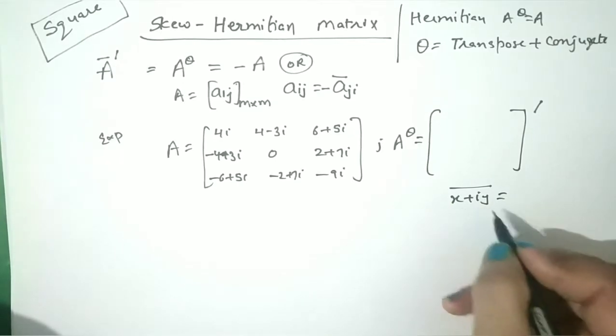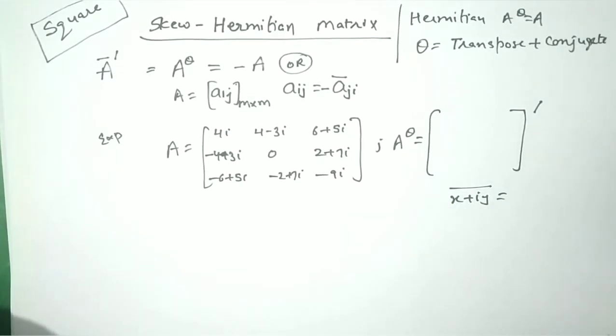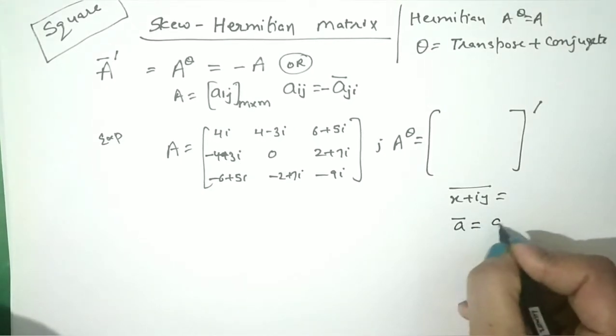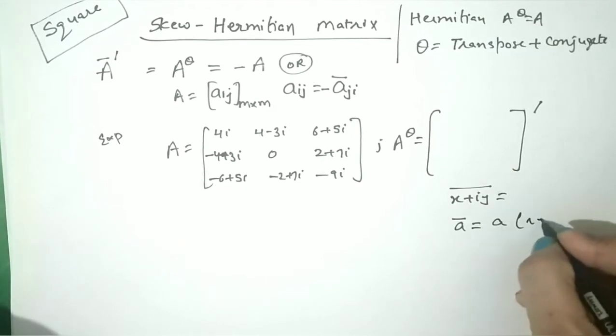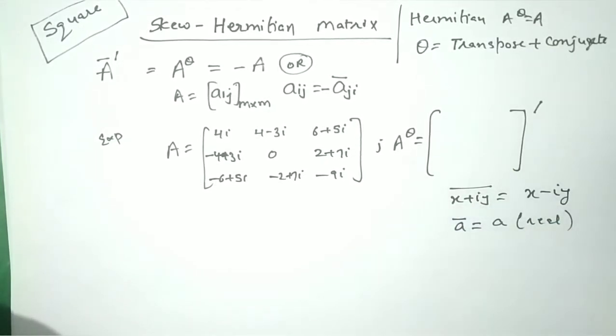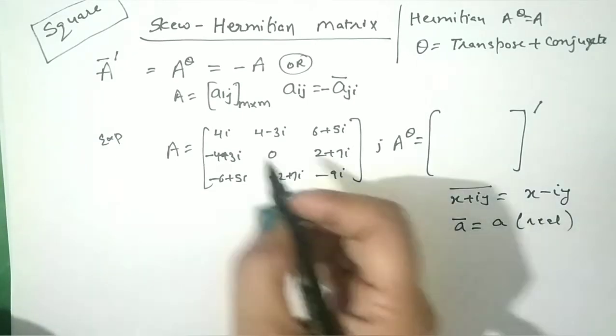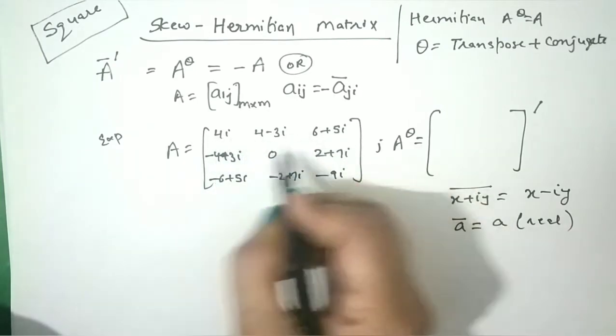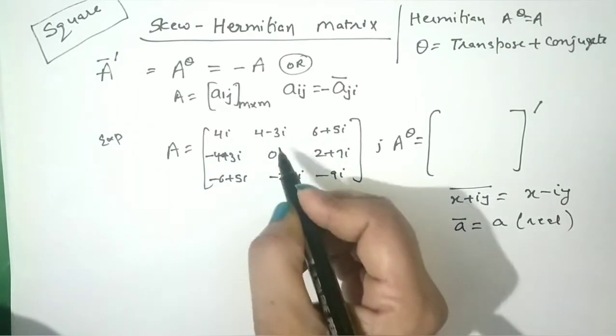Conjugate exists only for a complex number. The conjugate of a real number is the same. If we apply conjugate on A, it will be A if A is real. If it is a complex number, then we change the sign of iota in that. So here also we have to apply conjugate on each element because each element is a complex number except 0.